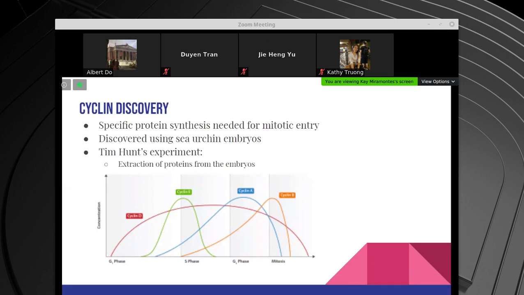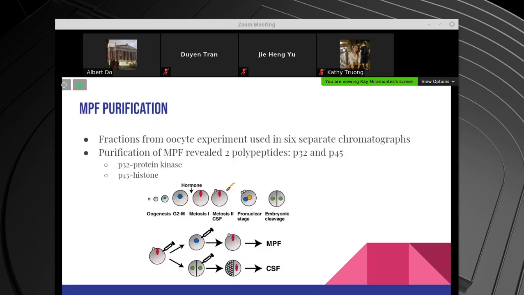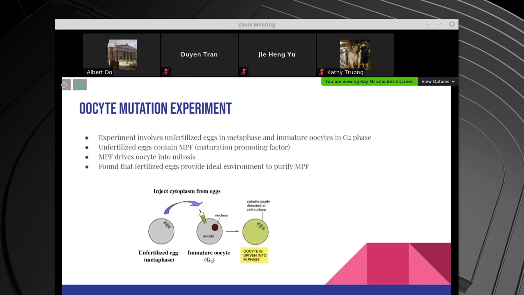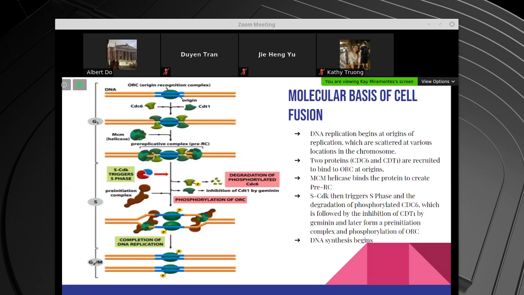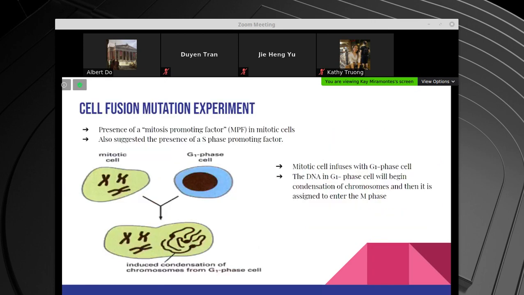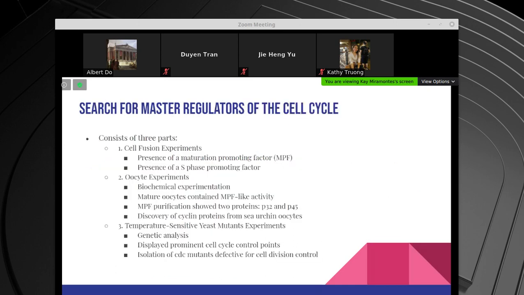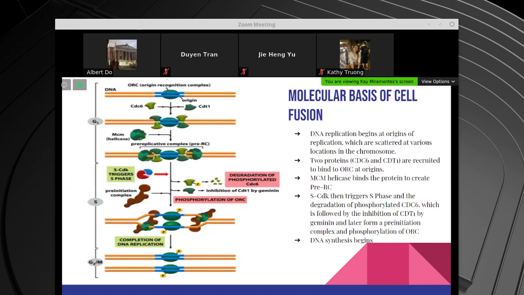Yeah, I have a question. I'm from Group 9. I was wondering what the difference is between CSF and MPF. CSF?